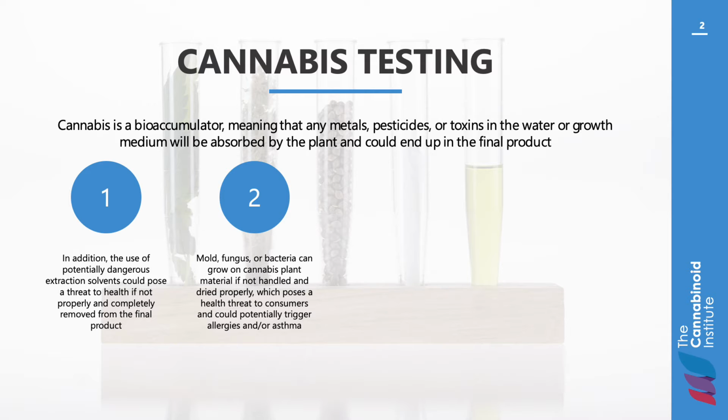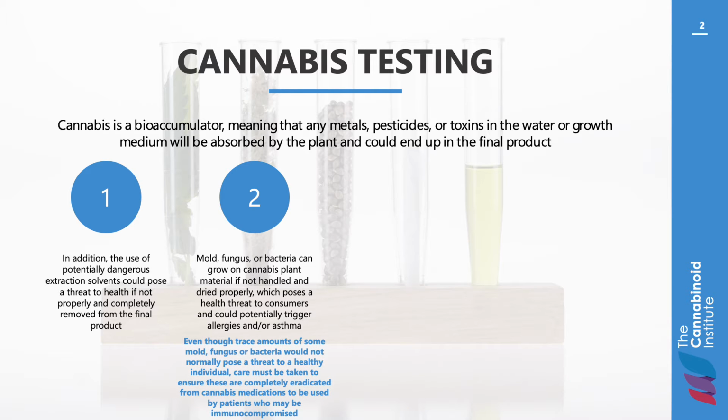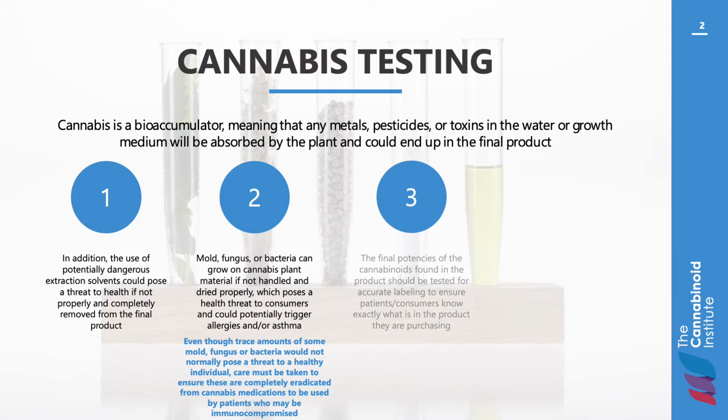Even though trace amounts of some mold, fungus, or bacteria would not normally pose a threat to a healthy individual, extra care must be taken to ensure these are completely eradicated from cannabis medications to be used by patients who may be immunocompromised. Finally, the final potencies of the cannabinoids found in the product should be tested for accurate labeling to ensure patients and consumers know exactly what is in the products they are purchasing.